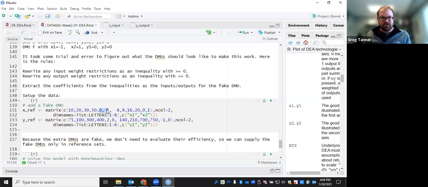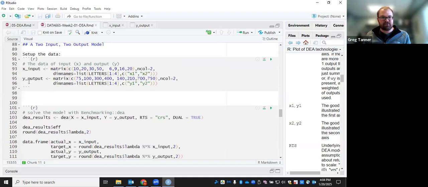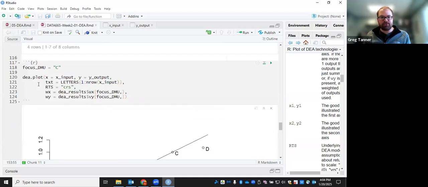Okay, so here's a 5th and 6th entry for x1. Here's a 5th and 6th entry for x2. Here's a 5th and 6th entry for y1 and for y2. And I've given them a different name so that we still keep the names in the data for x underscore input and y underscore output.